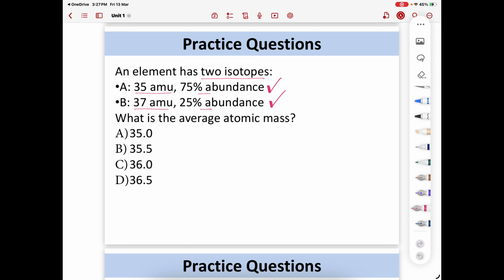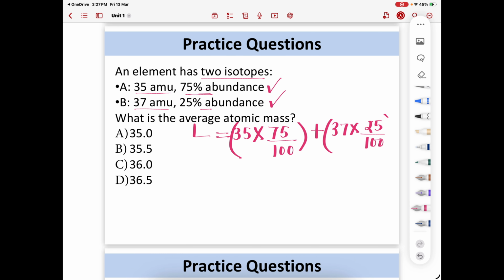Probably you would have guessed the right formula. Average atomic mass is calculated as 35 times, so isotope mass and its relative abundance, 75%, so you divide it by 100. This is for one isotope, plus 37 times 25 divided by 100.